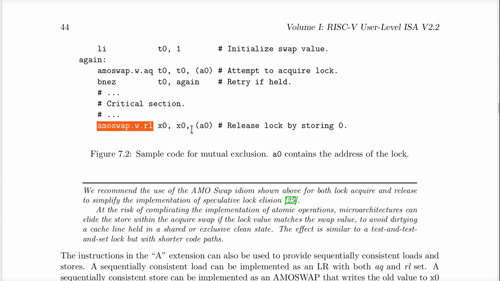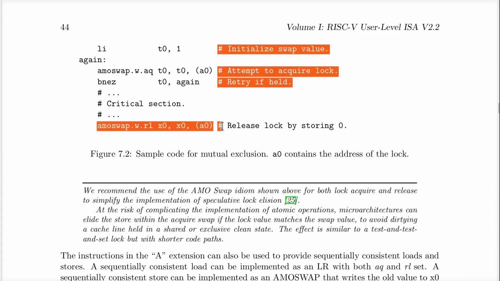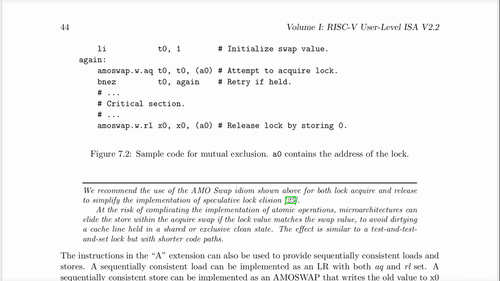You release the lock for other threads to start using it later on by doing this down here. So this is how we protect access to critical sections of code, at least on a RISC-V here, and in a more general sense, using a notion of a compare and swap or a test and set type of an operation.